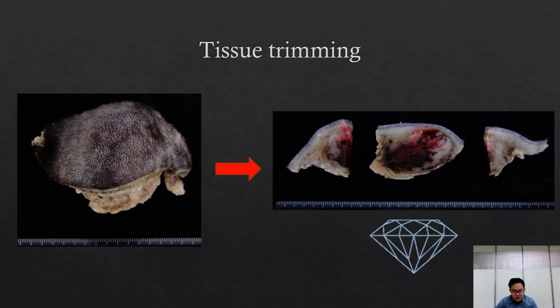So the first thing they usually do is to make a cut all the way across the middle, and then this piece would represent the top and bottom of the mass right here and here. And we make another two cut sections right here and here to get the lateral margins.